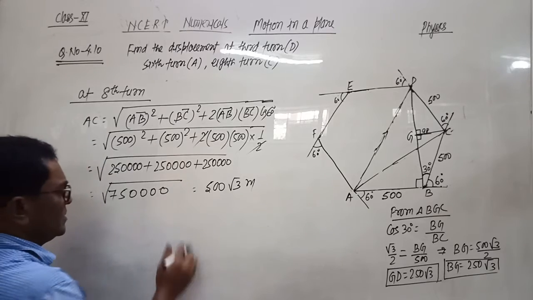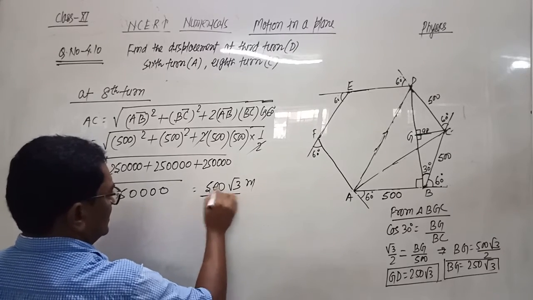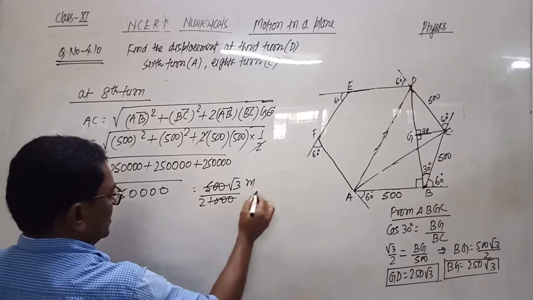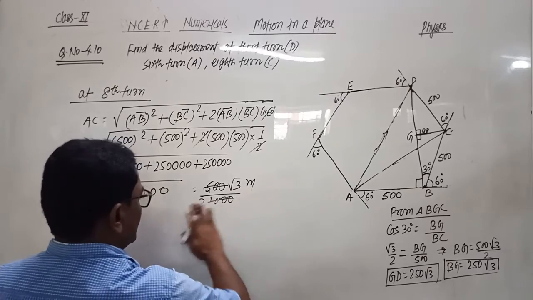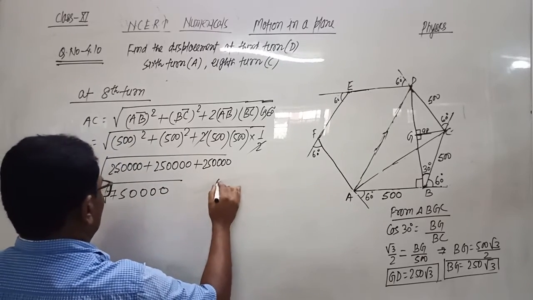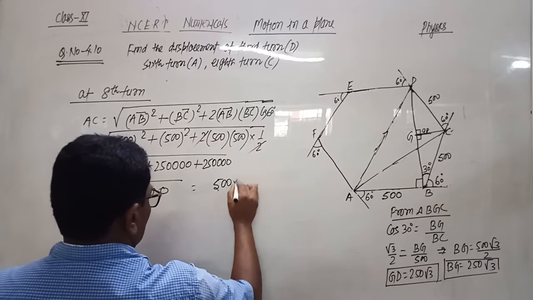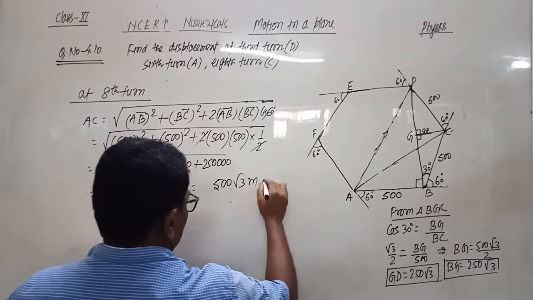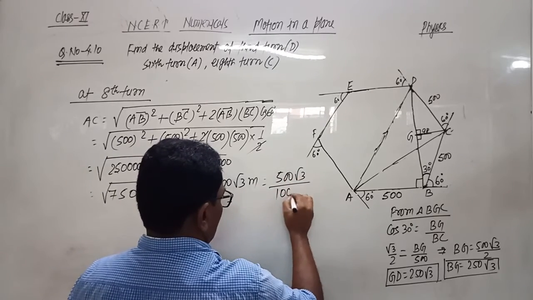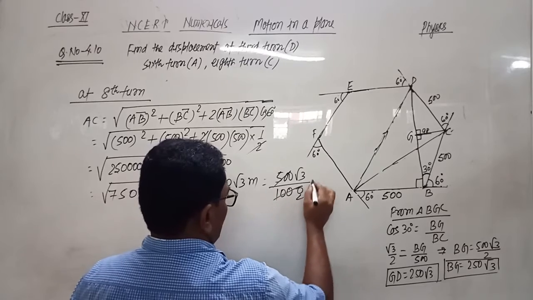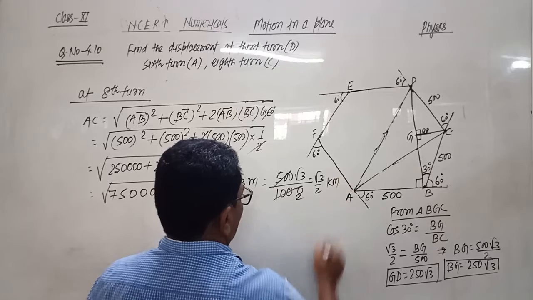To convert it into kilometers, we divide by 1000. 500 root 3 meter equals 500 root 3 upon 1000 kilometer, which gives root 3 by 2 kilometer.